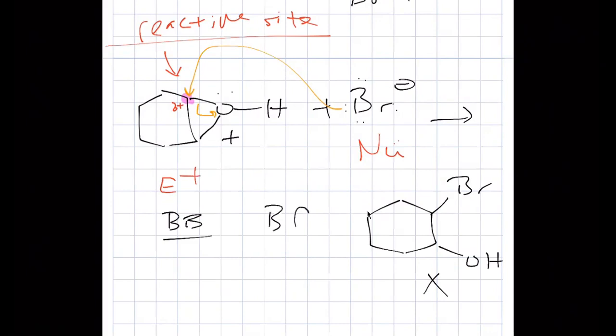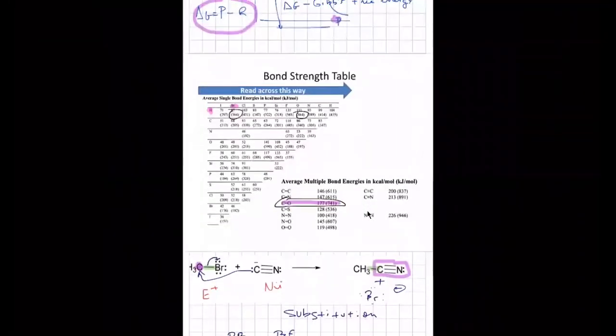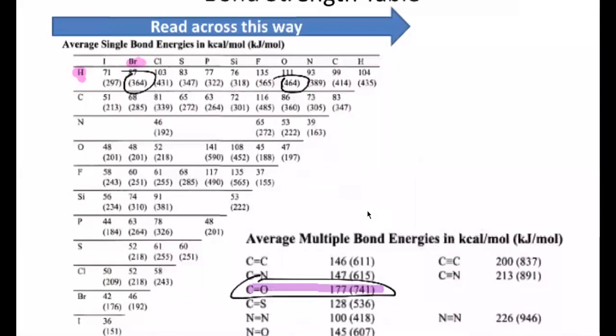The C-O. Okay, I broke a carbon-oxygen single bond, and then I formed what? A C-Br, carbon-bromine single bond. So let's go up to the chart and find those numbers, and then we're going to plug them in, all right? So I find carbon, and I broke a C-O single bond, so that's 360. And I'm working in kilojoules now. The numbers above are in kilocalories. And whatever unit I use, I have to use it for all the numbers. All right, so C-Br is 285.